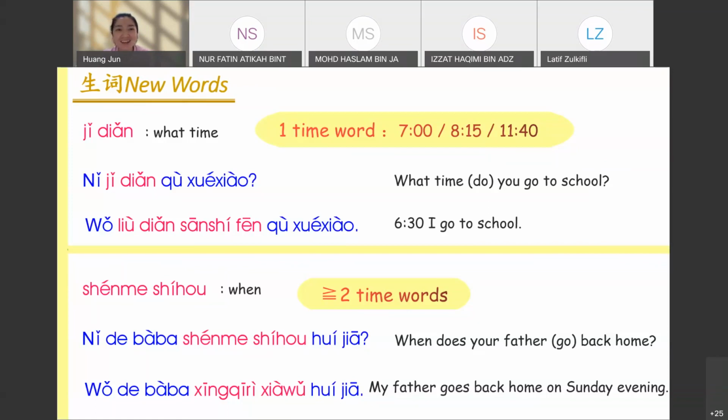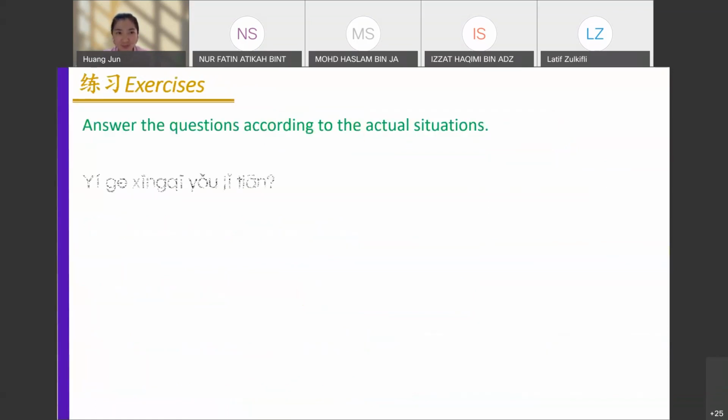Okay. Then we move on over here. Let's check more. 一个星期, I prepared a question for you. 一个星期有几天? Can you tell me which one is the question word inside the sentence? Step 1, we will do some practice. 一个星期有几天?